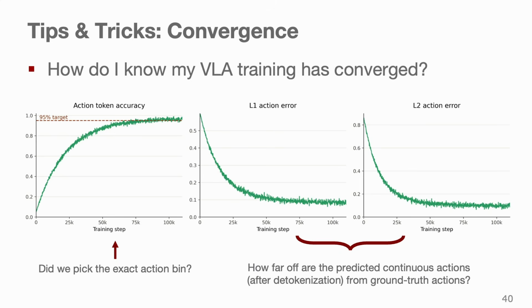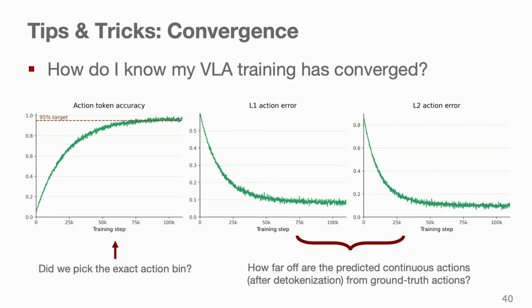So if you look at these first VLAs, the first question could be, let's say you start training OpenVLA or something on your robot: how do I know if my model has converged when training? For autoregressive VLAs, we found a good rule of thumb is to wait until your action token accuracy reaches around 95%.